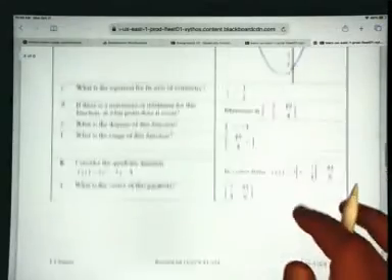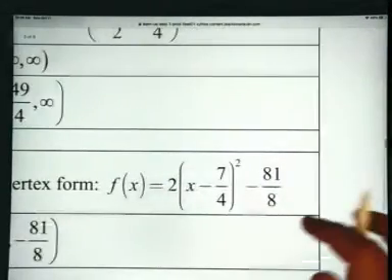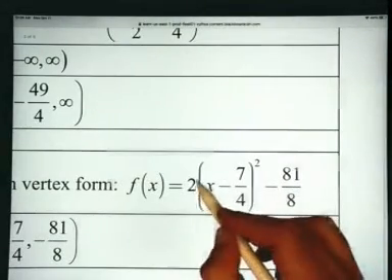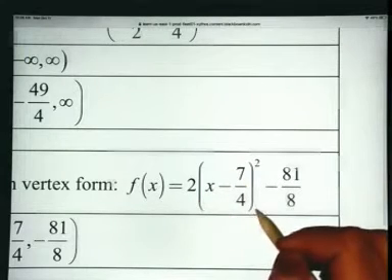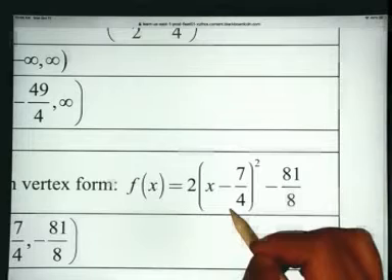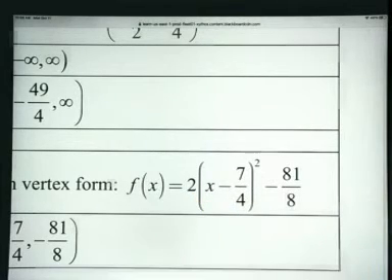That one typo is in problem number 6, in the vertex form. The original key did not have this 2 in front of our x minus 7 fourths squared. You must have the 2 right there. So this is where I want to take control for today, just for a moment.